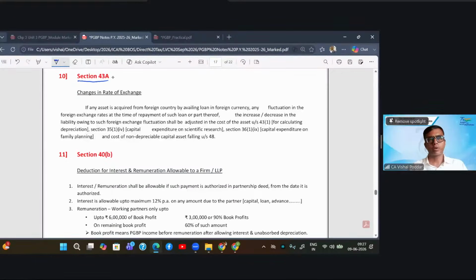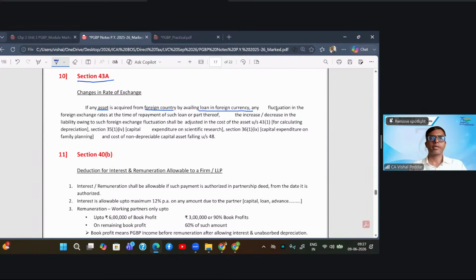There is a section 43A, not much applicable at inter level. But what it deals with, if you have purchased a capital asset, taking a loan in foreign currency. So you have purchased the foreign asset. Obviously, it is also purchased from a foreign country. And while purchasing it, you have taken a foreign currency loan.